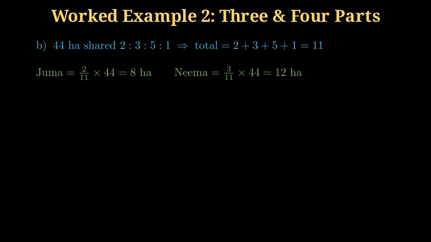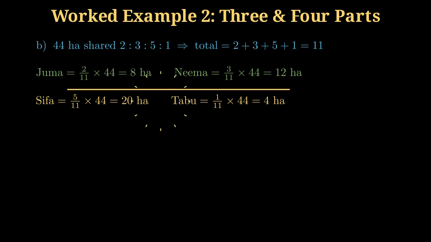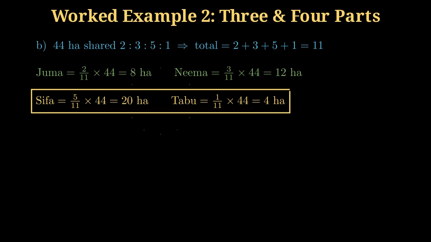Juma, 2/11 of 44, 8 hectares. Nema, 3/11, 12 hectares. Sifa, 5/11, 20 hectares. And Tabu, 1/11, 4 hectares. Check. 8 plus 12 plus 20 plus 4, 44 hectares. However many people share, the method never changes.